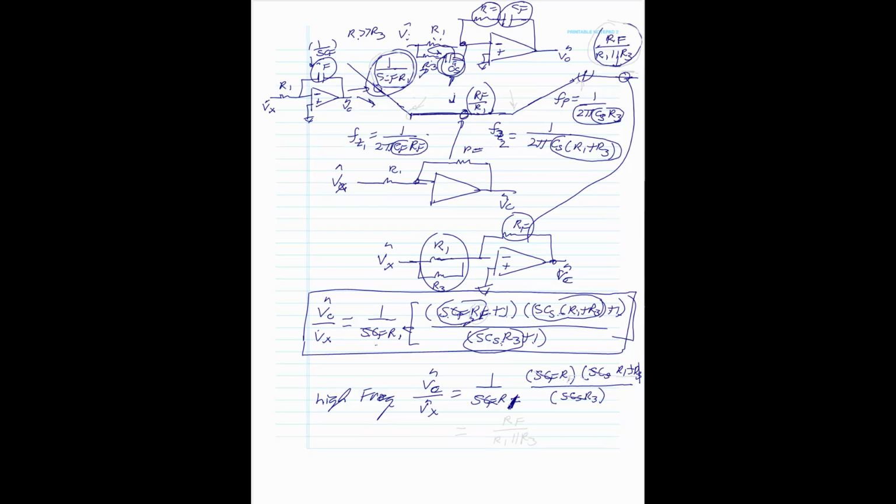So this is R1, that's RF. So you can see this goes out with this goes out with this, and we have what? We have RF, and we have R1 times R3 on top, over R1 plus R3. Well, do a little algebra, and what do you have? You have basically RF over R1 parallel R3, and that's exactly what we have up here.